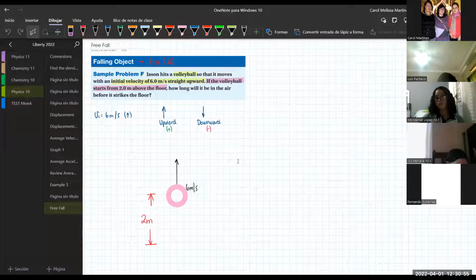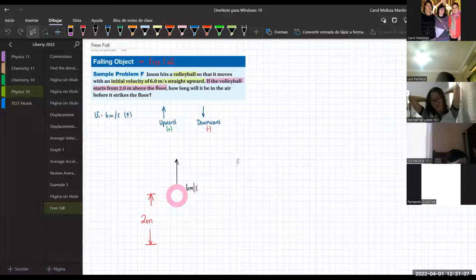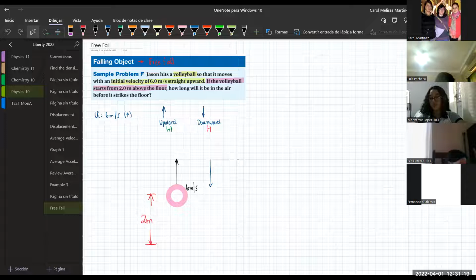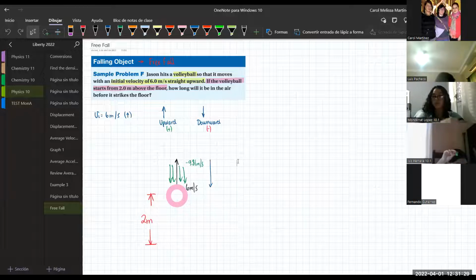Is this volleyball going to continue going upward until it goes to the moon, for example, or is it going to return? It will return. The reason is they return because of gravity. Gravity is going to be the acceleration that is going to be pushing objects down with a fixed value of 9.81 meters per second squared.